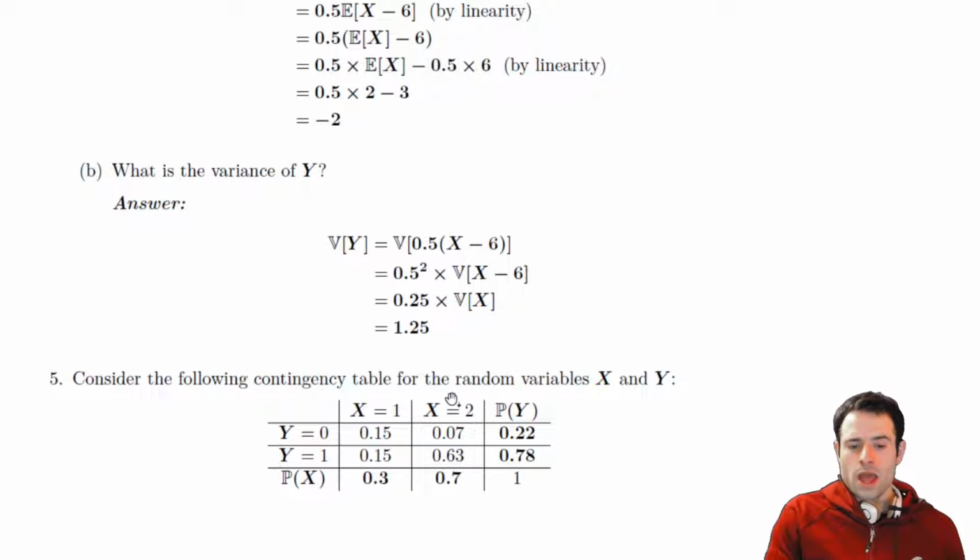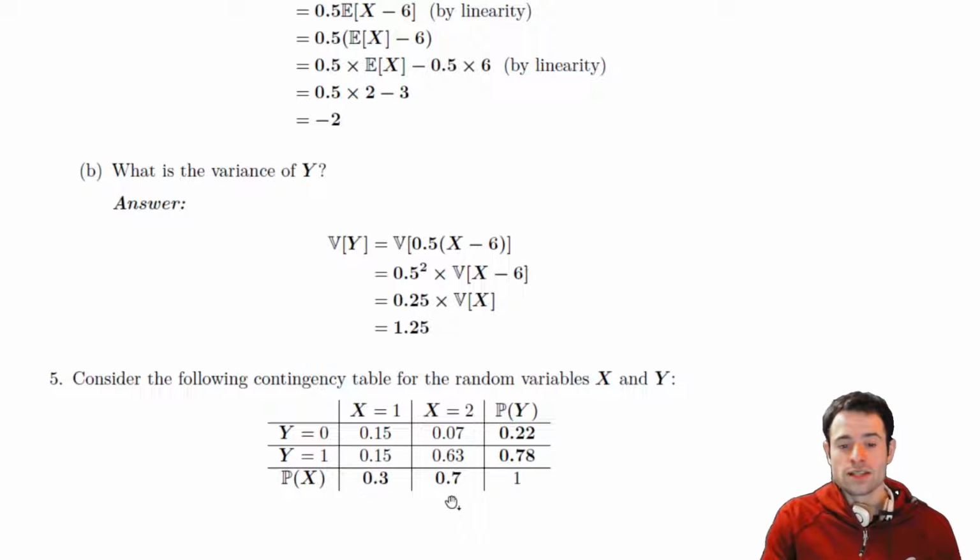Same for x is equal to 2. x can be equal to 2 and y is equal to 0, and x can be equal to 2 and y is equal to 1. When you add these probabilities together, you obtain the overall probability of x being equal to 2, and that's 70%.